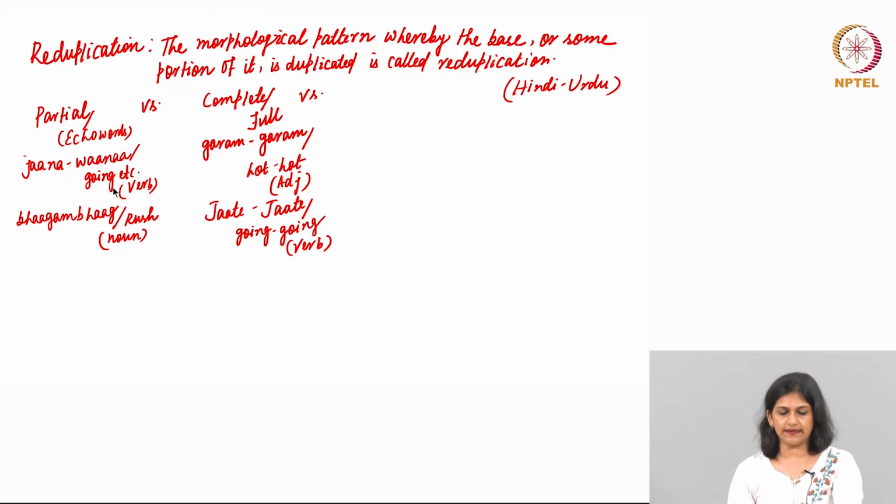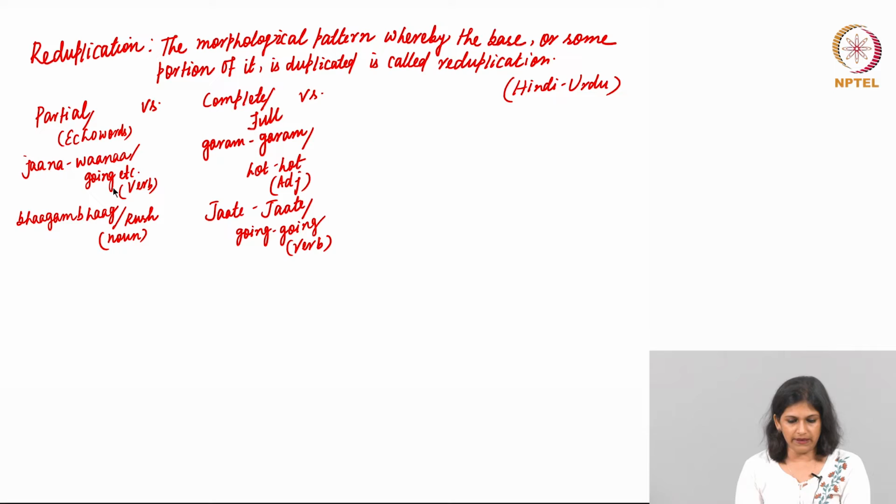And then on the other side of the data set, we have complete or full reduplication. When you say garam garam, it means hot hot. So, it is something like I want to eat hot food, then you can say mujhe garam garam khana chahiye. In that case garam is the stem which has been repeated wholly or fully.